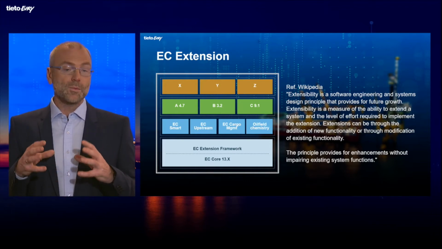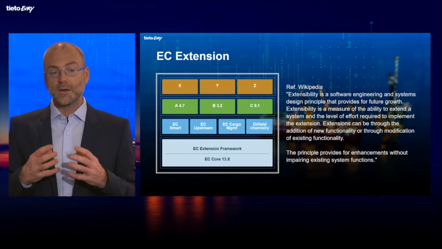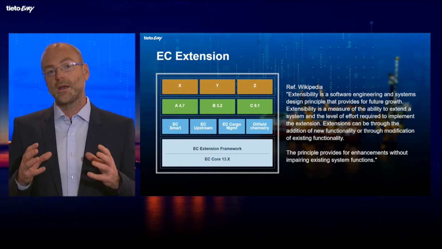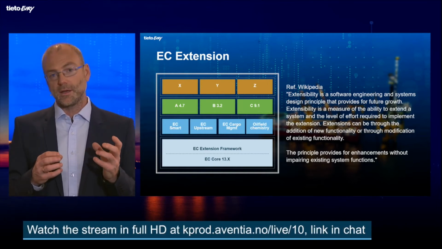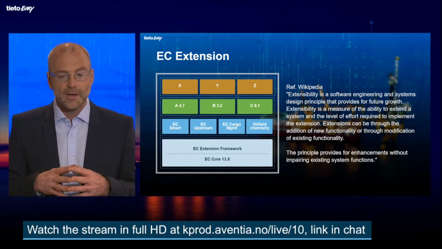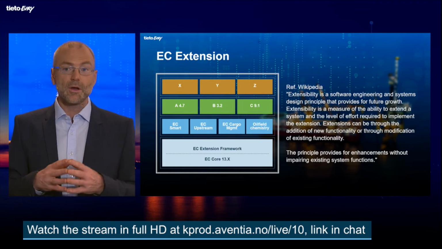And what we've been doing so far with our own initiatives is that we have implemented the blue boxes that you see on this sketch: the EC Smart, the upstream, the midstream, and the cargo management, and more to come, oil field chemistry as well, and EC task list coming up.